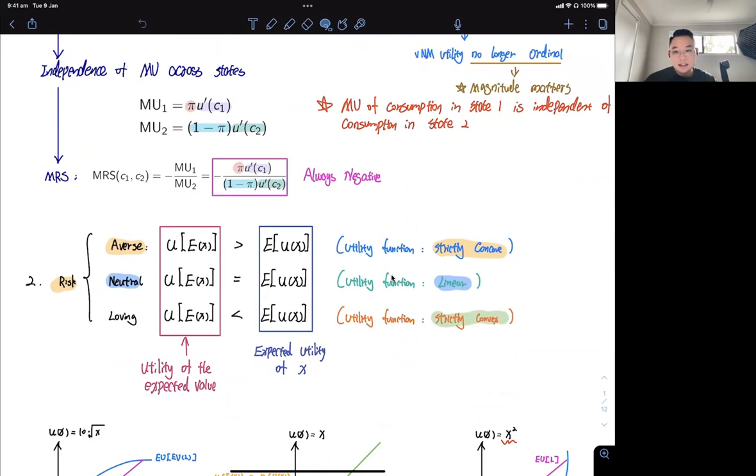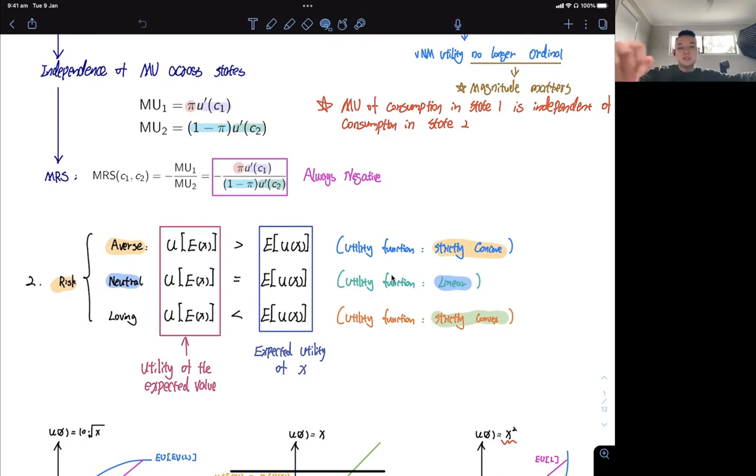And on the right-hand side, EU(X), that's the expected utility of X. If the utility of the expected value is greater than the expected utility of X, we know this person is risk averse. Averse means the opposite of loving. It means I don't want to take risk at all. And in this case, the utility function will be strictly concave, as we will see in a second.